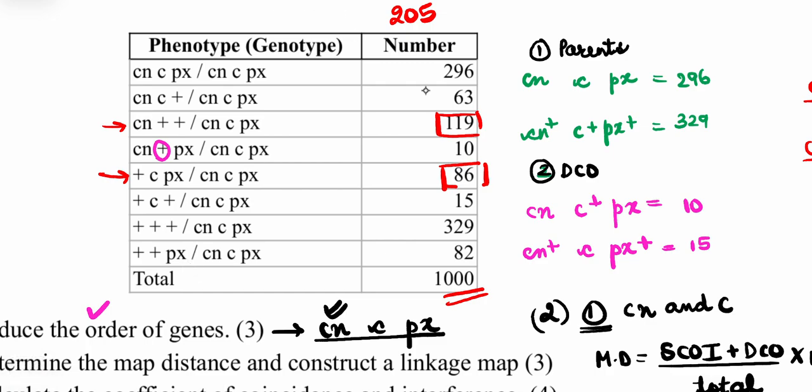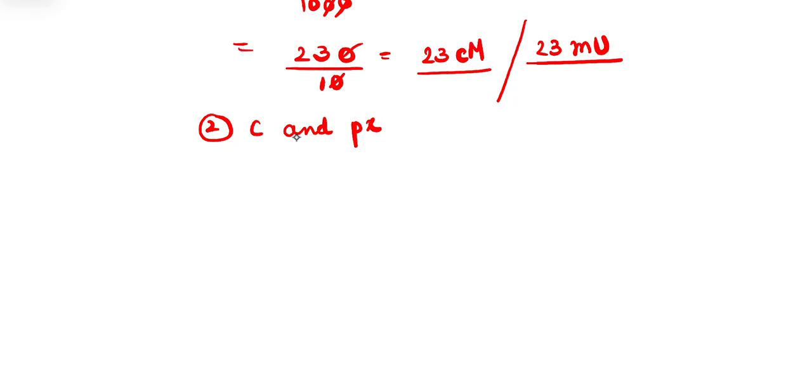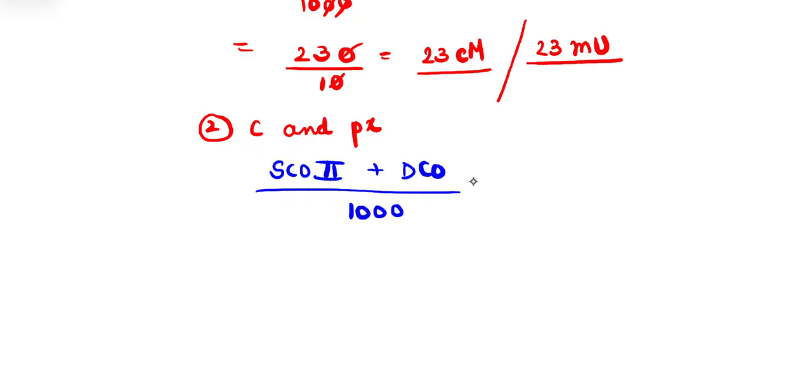So now here your single crossovers 2 would be the 63 and the 82. The two of them would definitely be these. So now we should consider the two of them, 63 plus 82. Add them up, it's 145. So solving here, single crossover 2 numbers, that is 145, plus double crossovers, that is 25, upon 1000, the total number of progenies, multiplied by 100.